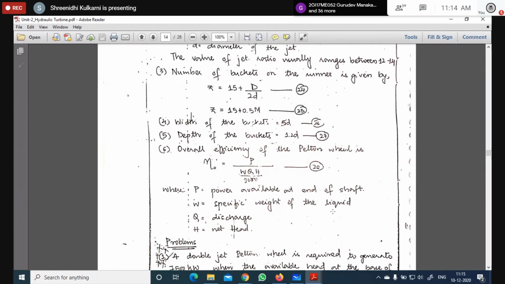W is the specific weight of the liquid, which is rho into g, a constant value. Q is discharge, H is the net head. Along with this efficiency we have hydraulic efficiency and mechanical efficiency. Please go through all those efficiencies.